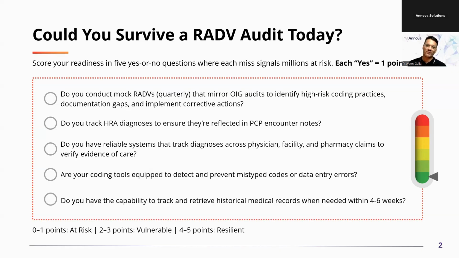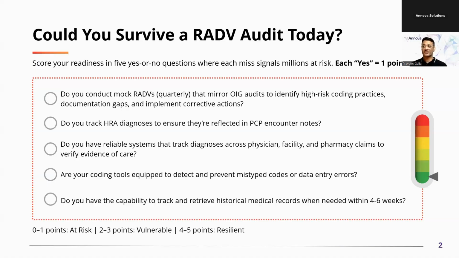They're increasingly viewed as tools to maximize HCC recapture, as we call it, and add new codes, often without any consistent follow-up in the PCP or any other clinical notes. This has put HRAs under the OIG microscope, and our question is, are you doing anything about it?